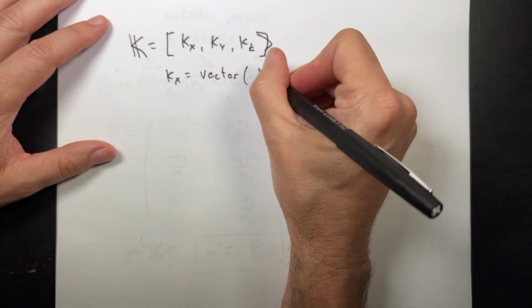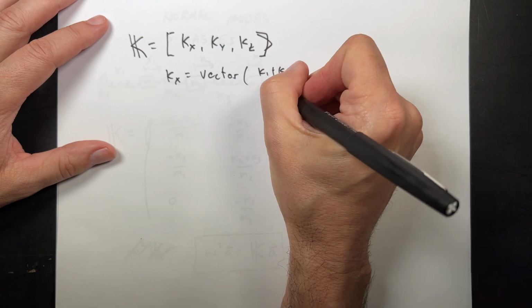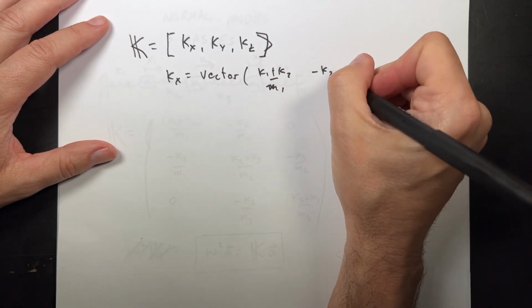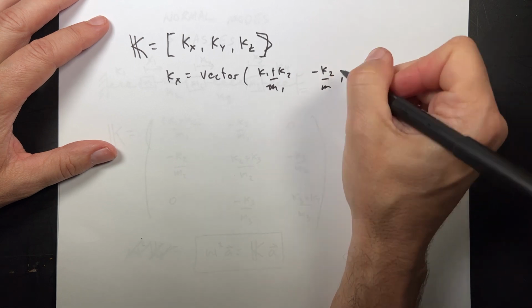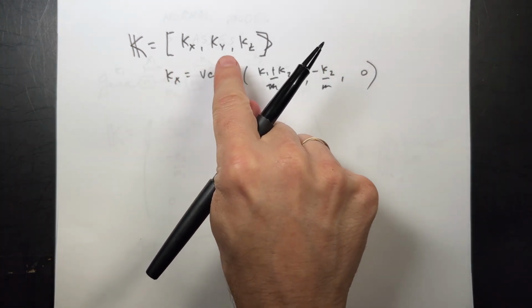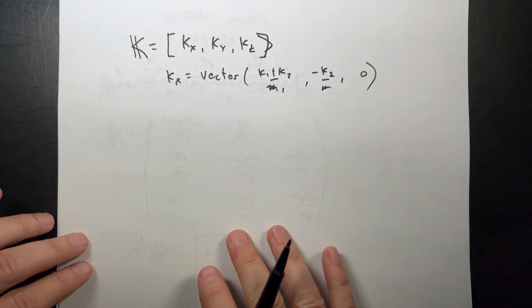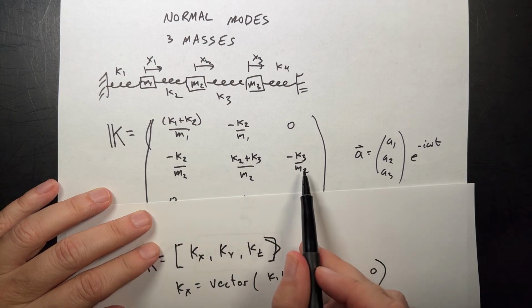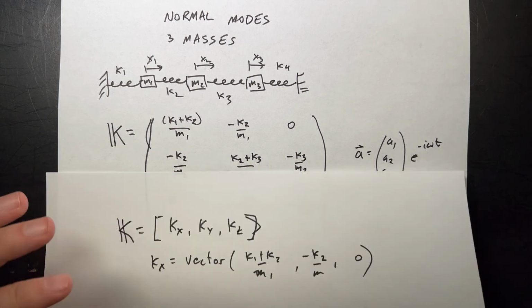And that would be K1 plus K2 over M1, and then negative K2 over M1, 0. That's my vector, right? So each of these are vectors of the matrix. So right here, I'm going to call this KX, KY, and KZ.